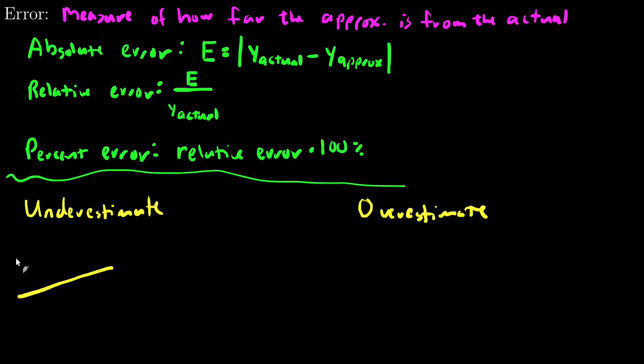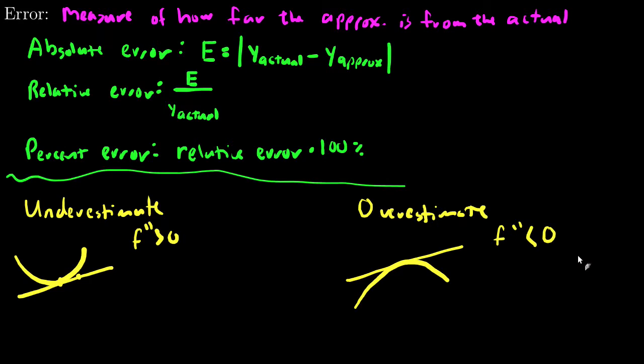If my curve is concave up everywhere between the center and the value I'm looking for, so the second derivative greater than 0, then I'll have an underestimate. If my second derivative is less than 0, if I'm concave down, you can see the actual function is below the linear approximation, then I will have an overestimate.